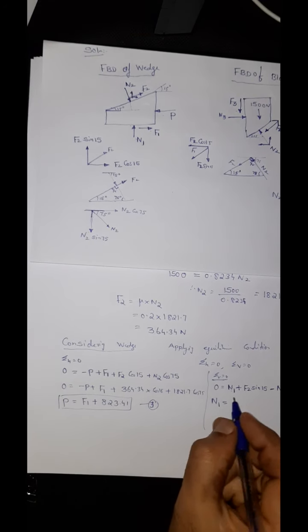Therefore, taking N1 on the left hand side, N1 is equal to minus F2, you know the value of F2, 364.34 into sin 15, minus N2 value, this minus became plus, right? So 1821.7 sin 75.